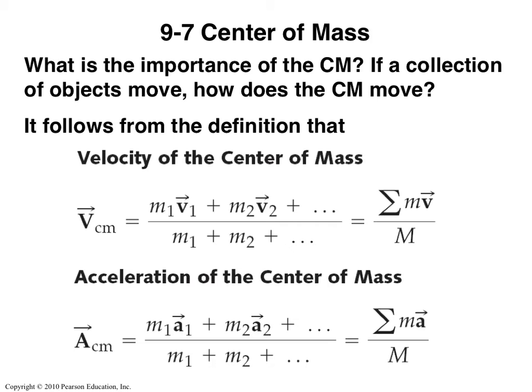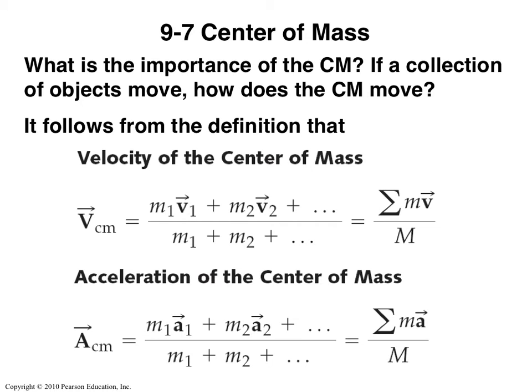What is the rate of change? What's the instantaneous rate of change? That's what I call the acceleration of the center of mass. And it works out to be m1 a1 plus m2 a2 and so on and so forth, divided by the total mass. Now the reason I want to get to this stage, this is the important thing.